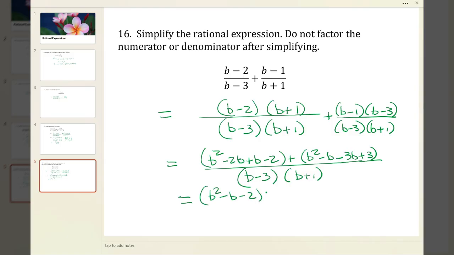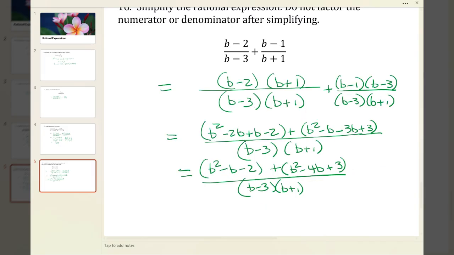That's the first set. The second set is b squared minus 4b plus 3 all over b minus 3 times b plus 1. We're still not finished because we need to combine like terms.